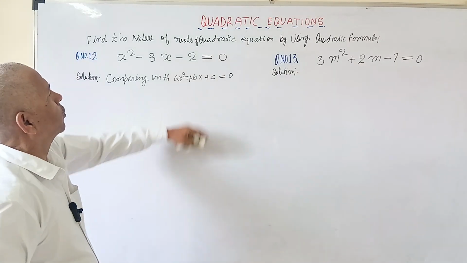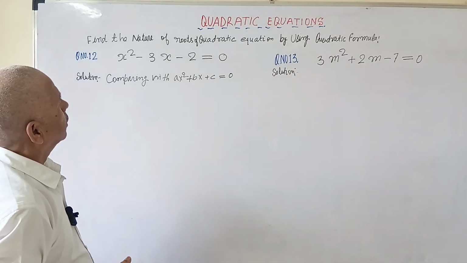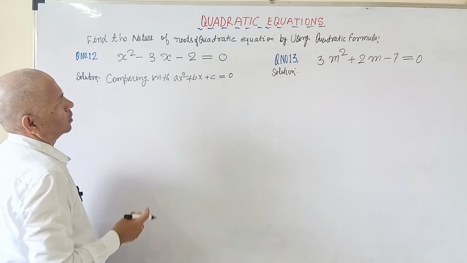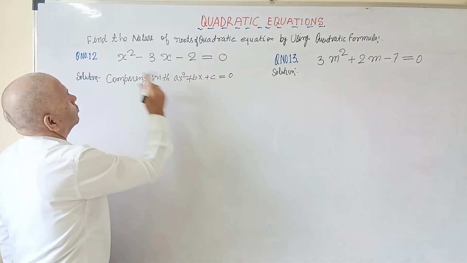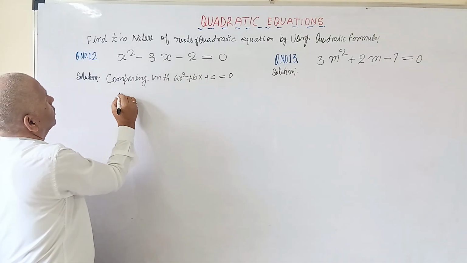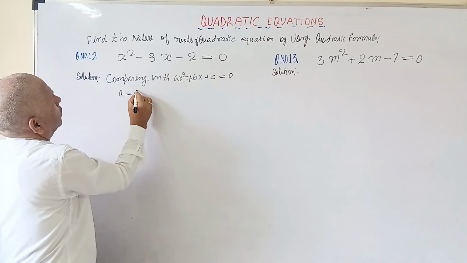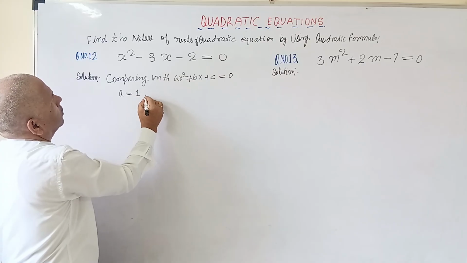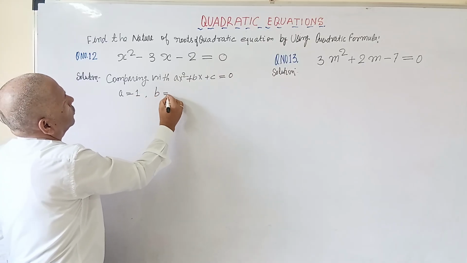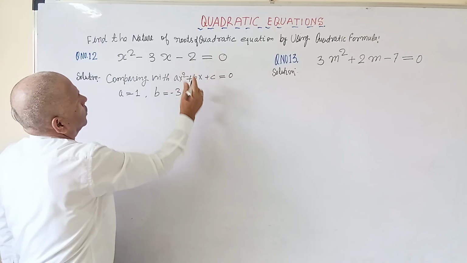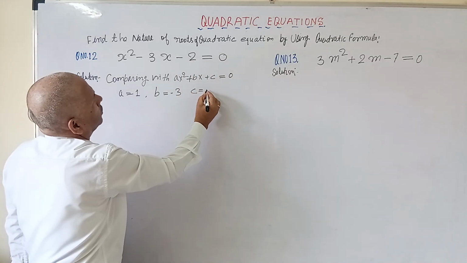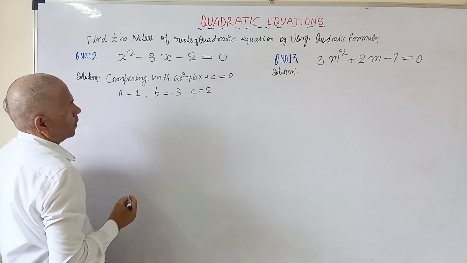This is our standard form of equation, ax square plus bx plus c. Here we get a equals 1, b equals minus 3, c equals minus 2.